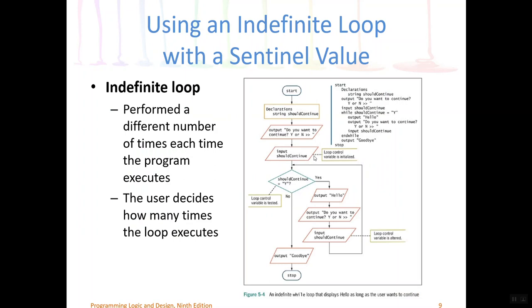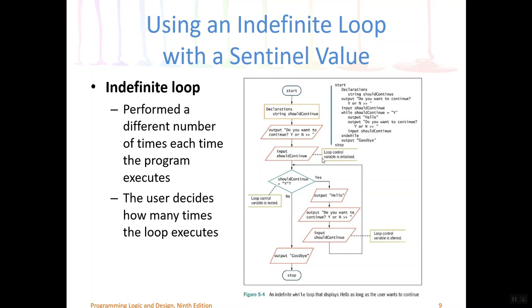It is important to realize that even though we're not using a variable called count, this particular step to input should continue is initializing the loop control variable should continue. Should continue, since it controls the loop and whether or not to enter the body of the loop, is the loop control variable. So in this sense, we initialize that variable by getting the value from the user.